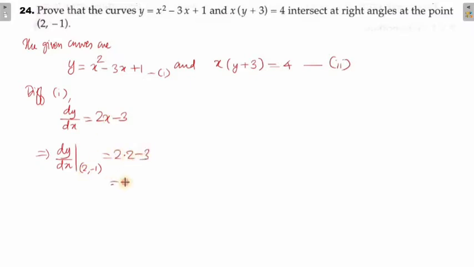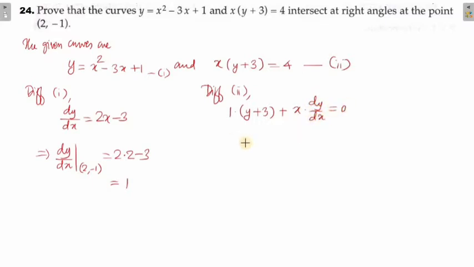Now similarly we will differentiate 2. When you differentiate x, it becomes 1, and you keep y plus 3 as it is, plus now keep x as it is and differentiate this part. So you get dy by dx plus 0. So dy by dx plus 0 is just dy by dx, equal to 0.